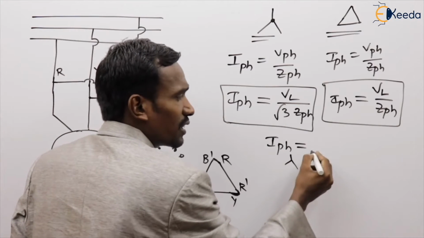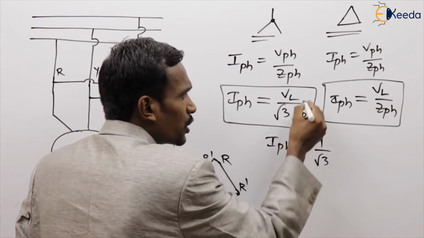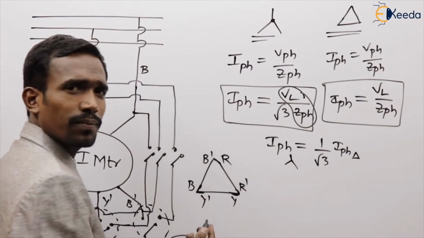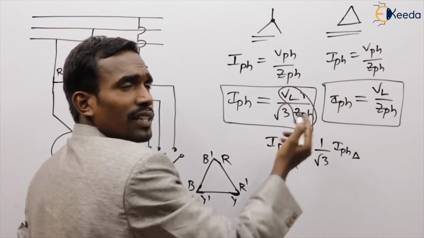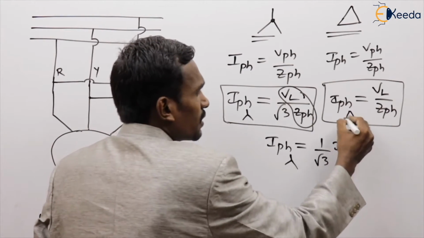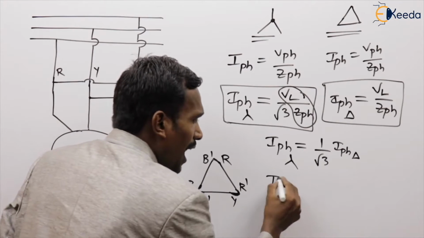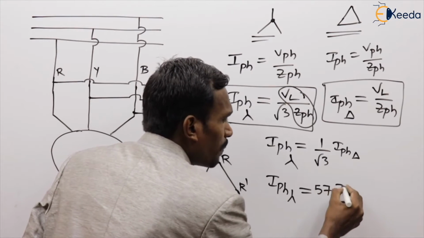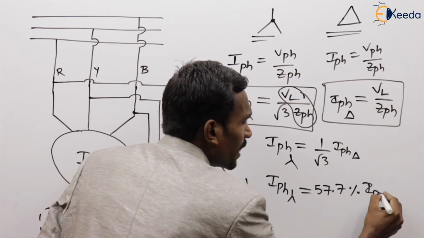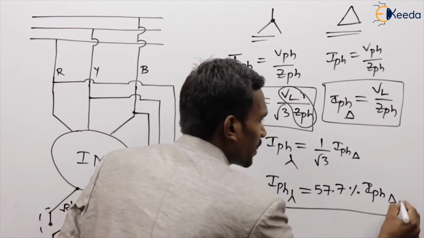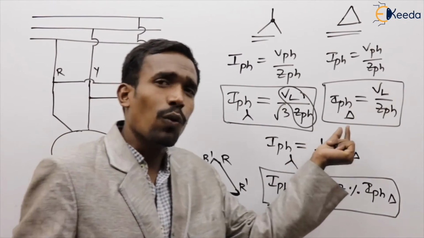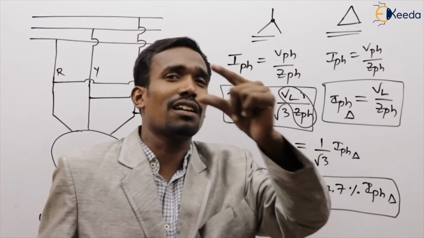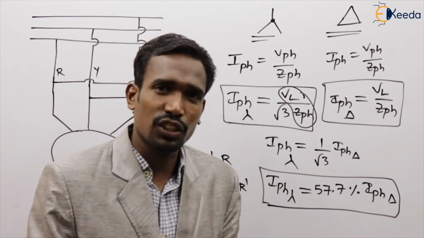So the I phase in star connection is equal to 1 by root 3 times the I phase in delta connection. 1 by root 3 is nothing but 57.7% of I phase in delta connection.